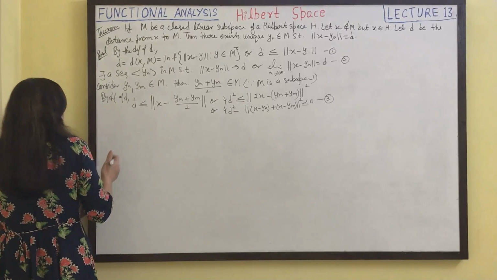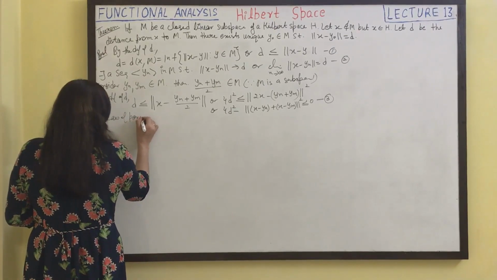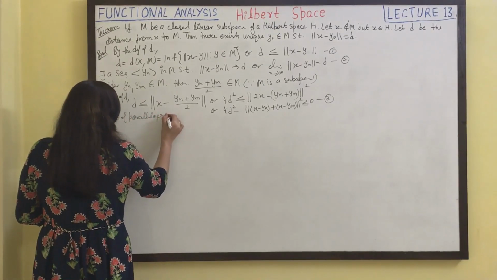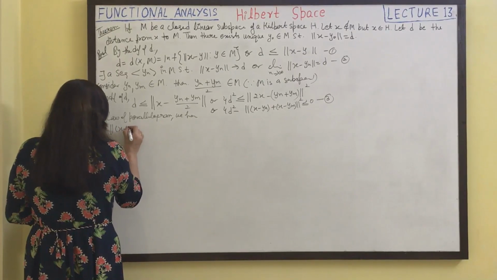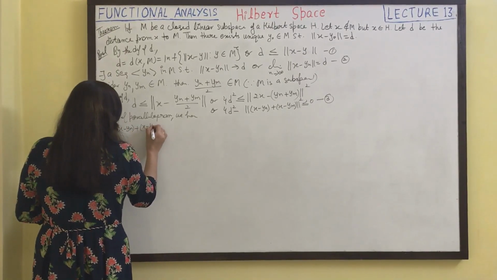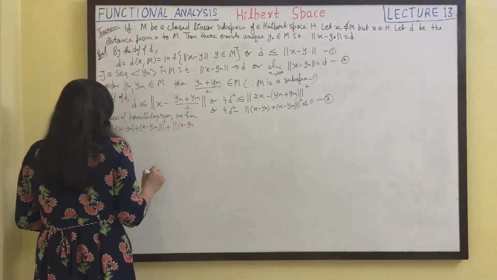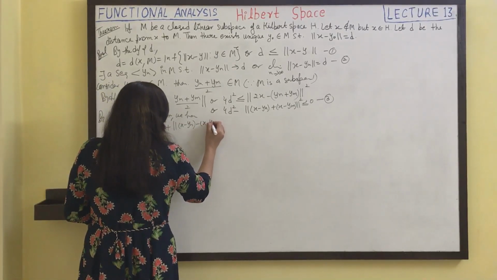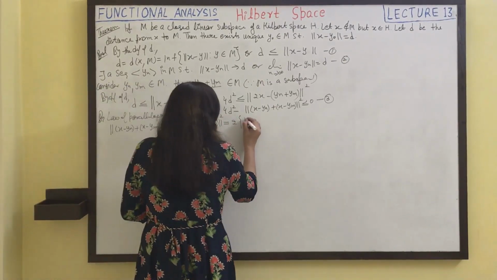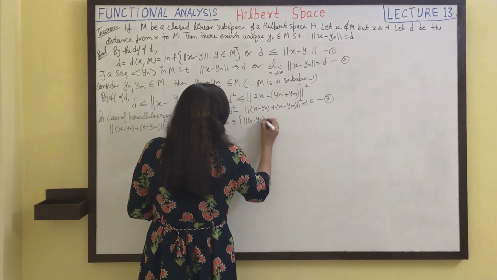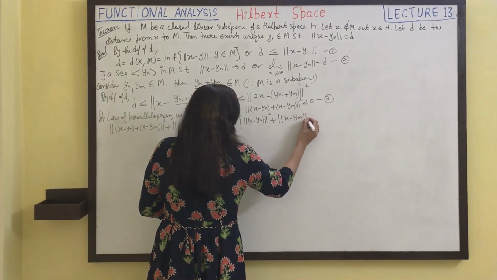Okay. Now, by the law of parallelogram, we have norm of (x minus yn) plus (x minus ym) squared plus norm of (x minus yn) minus (x minus ym) squared is equal to twice of norm of x minus yn squared plus norm of x minus ym squared.